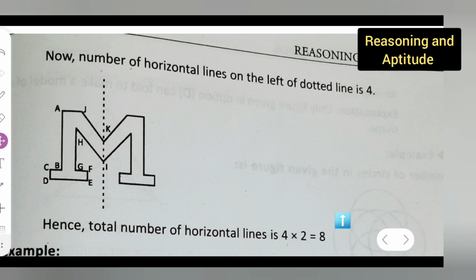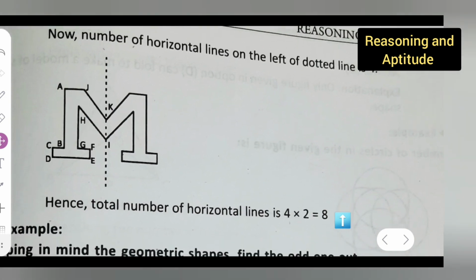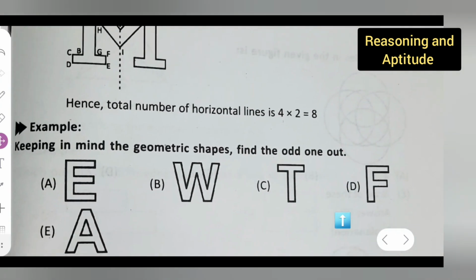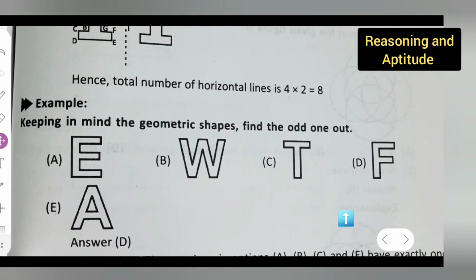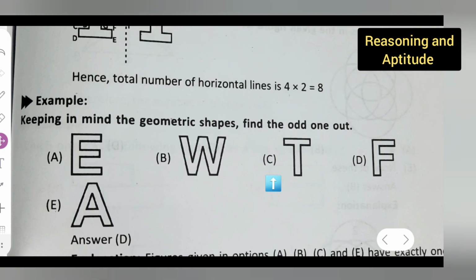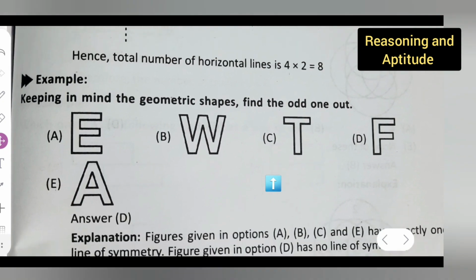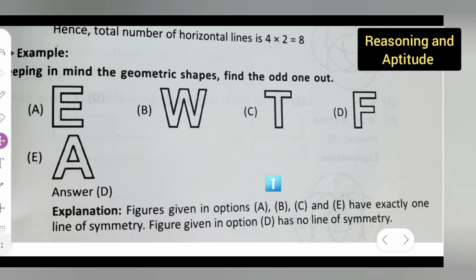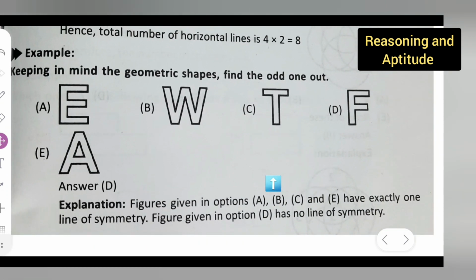So next, moving towards the next example. Keeping in mind the geometric shape, find the odd one out. So here D will be the odd one, because here's the explanation. D is the odd one, okay?